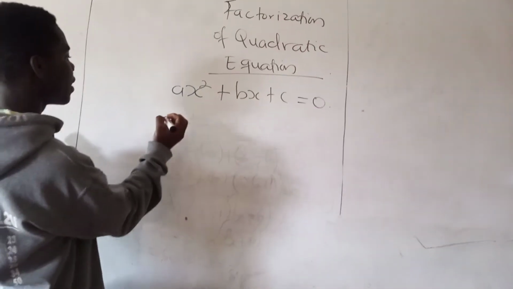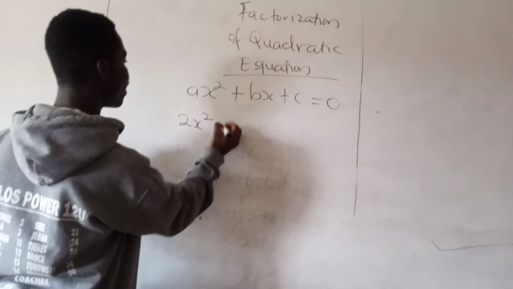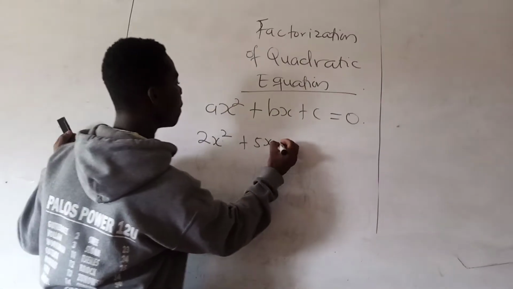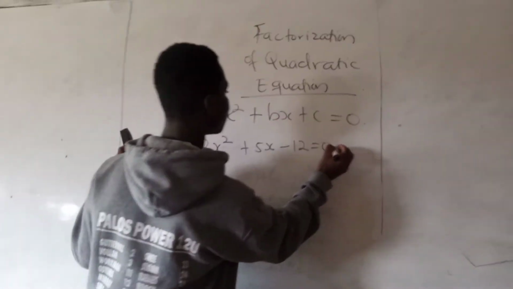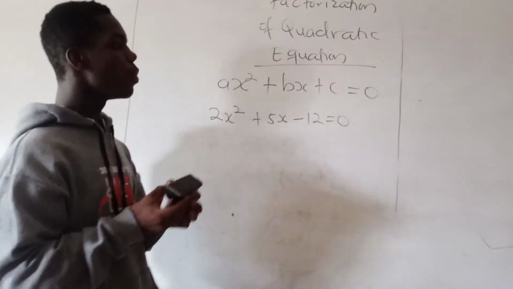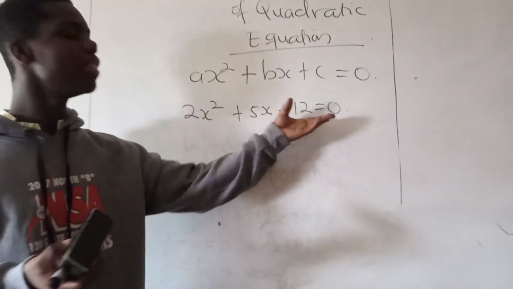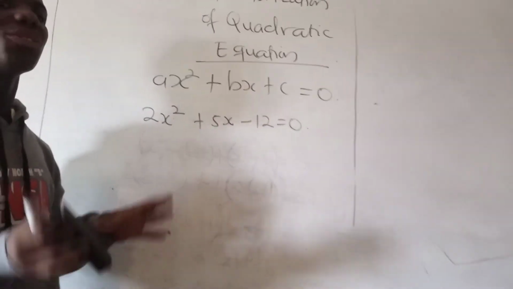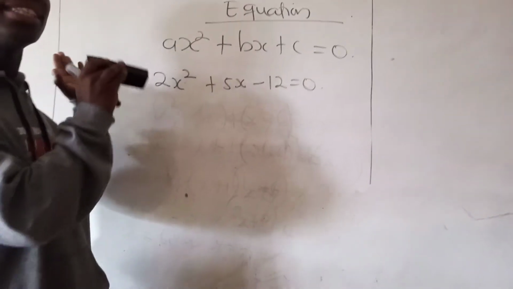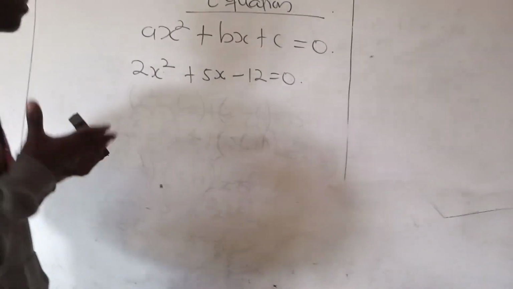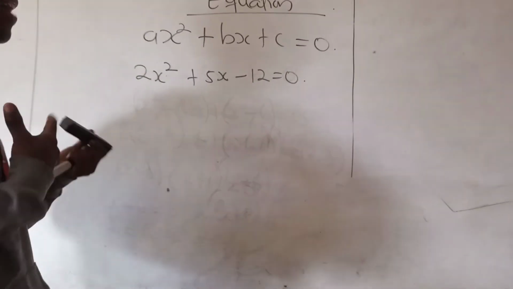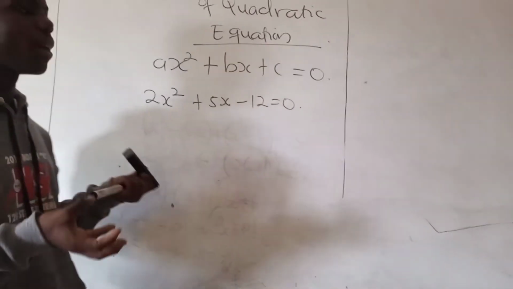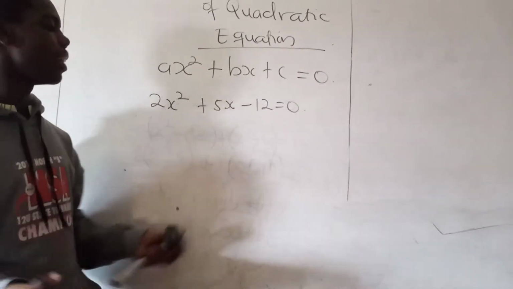Another example: 2x squared plus 5x minus 12 equals 0. We have been given this quadratic equation to solve. We are supposed to factorize, then solve it as we've already done with the other one. First, you take the coefficient of x squared and the constant c, then multiply them.